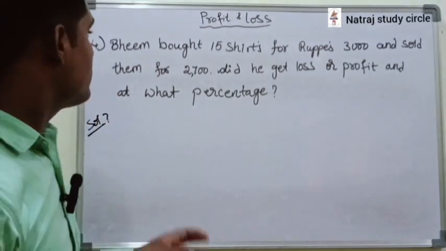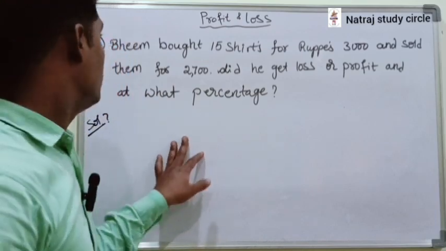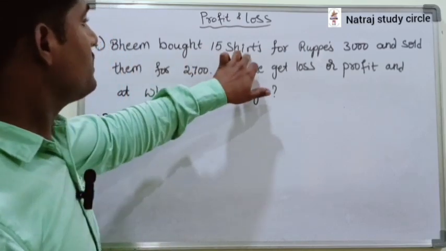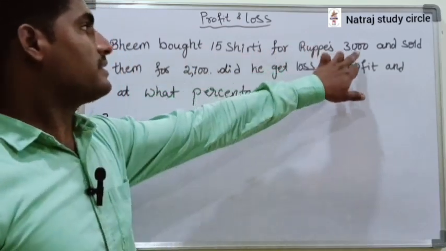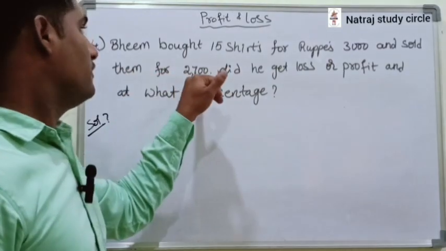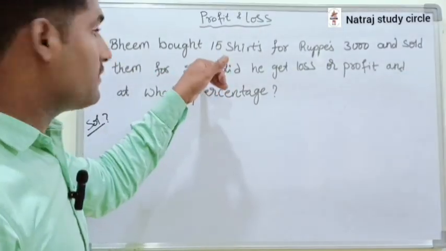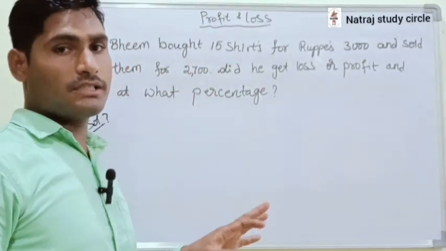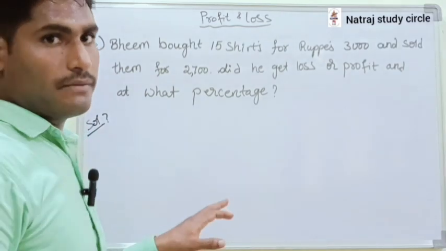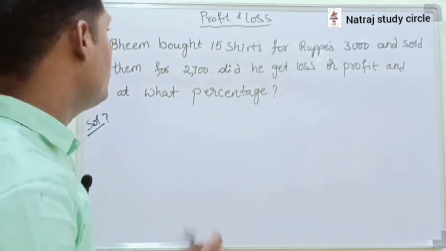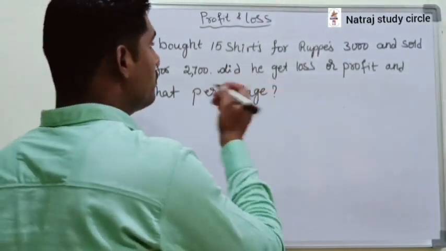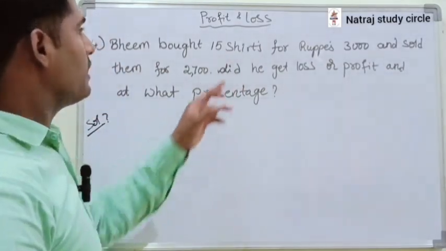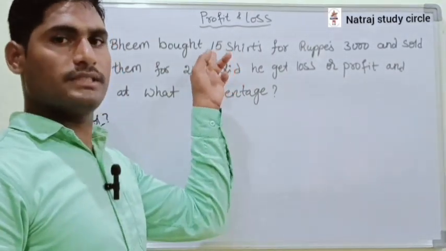Same as the third question, Bhim bought 15 shirts for rupees 3000 and sold them for 2700. He bought them lump sum and sold them lump sum, not individually. So there is no need of taking the cost of a single shirt.